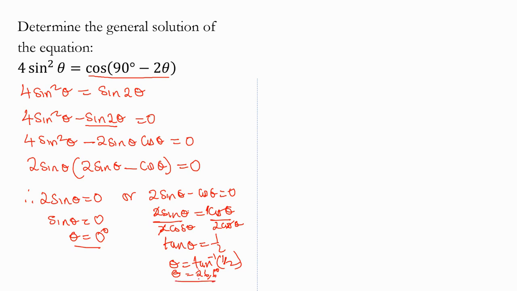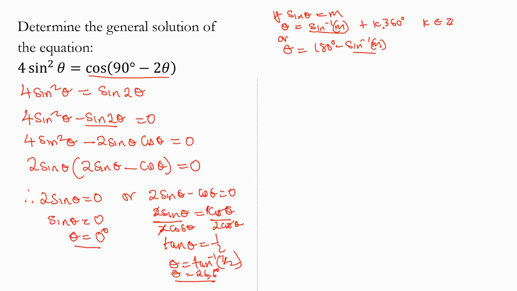Let me just remind you about the general solutions for our three trigonometric ratios. If sine theta is equal to m, remember that theta is equal to arcsine m, which is the reference angle, plus k times 360 degrees, or theta is equal to 180 degrees minus arcsine m, then plus k times 360 degrees, where k is an integer.